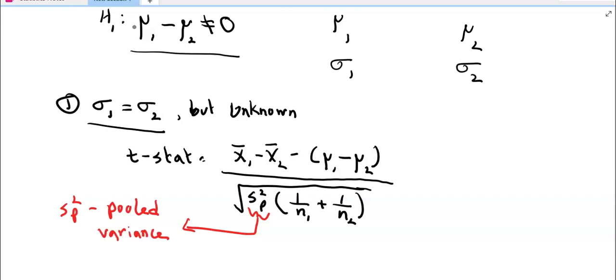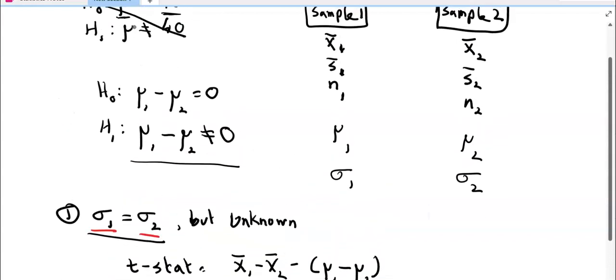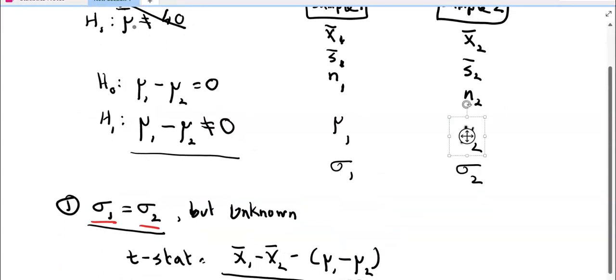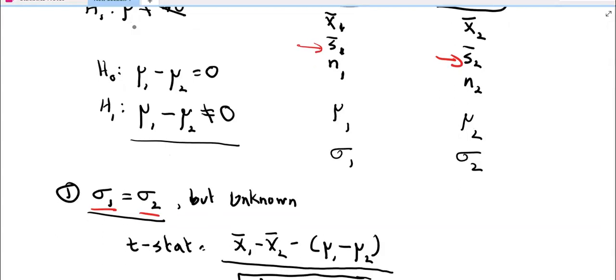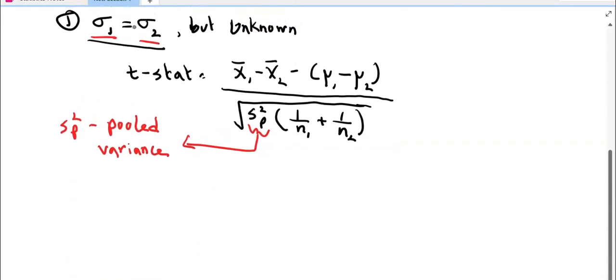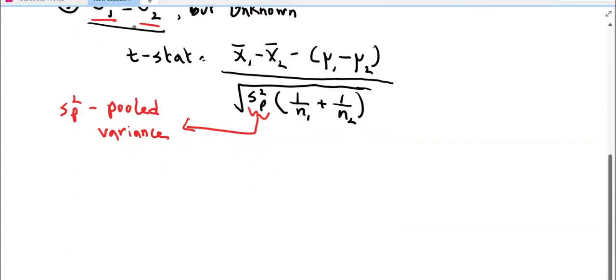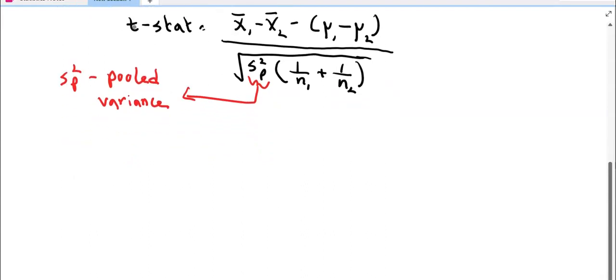What does pooled variance mean here? It means that we don't know what the actual population standard deviation is, but we do know the sample standard deviations. So from those, we can do a weighted average of the sample standard deviations to estimate the population standard deviation. But since we are using a squared term, we're going to use the variance.